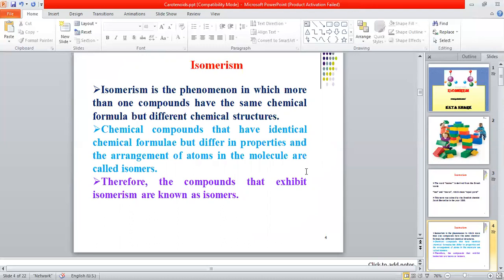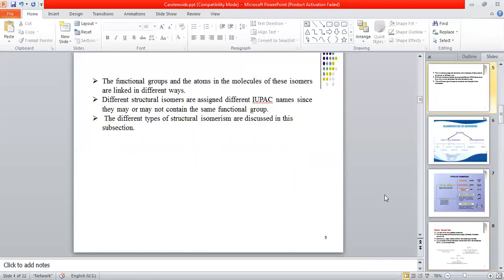It's so easy if you have made a concept of this particular topic. Chemical compounds having the same molecular formula but different properties, or you can say a different arrangement of atoms in the molecule, are called isomers. Therefore these compounds exhibit the property of isomerism and are known as isomers.